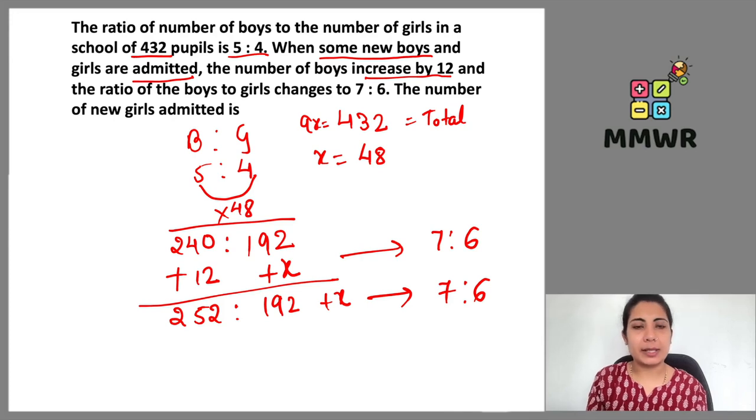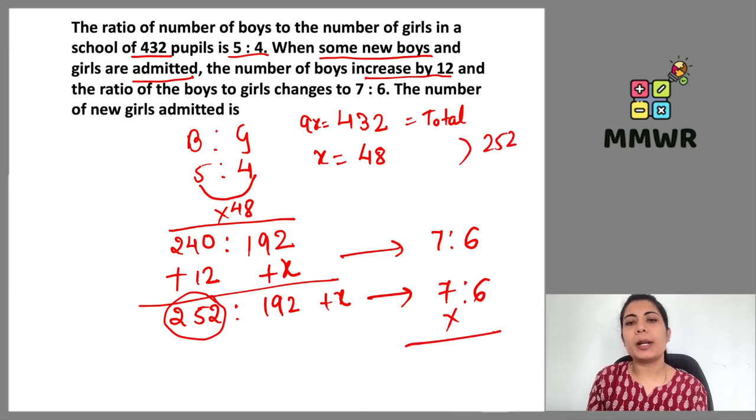I'll show you the basic method also for this particular question. Now 252 boys has to be 252 only. By what should I multiply 7 to get 252? Or else I divide 252 by 7 to cross check what number is to be multiplied here. By 36 I will be multiplying.